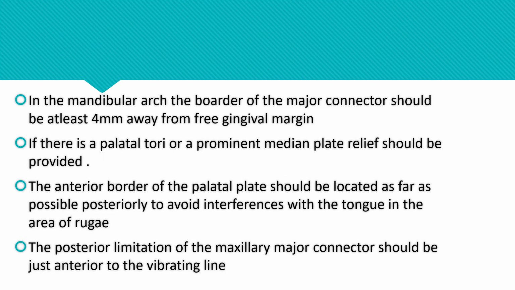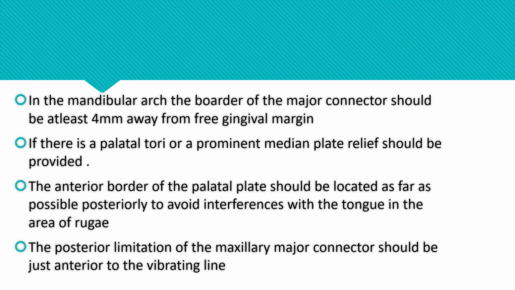In the mandibular arch, the border of the major connector should be at least 4 mm away from the gingival margin line. In the mandible it should be 4 mm away, and in the maxilla it should be 6 mm away.